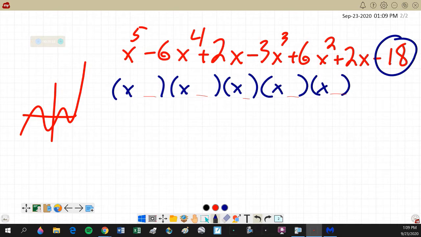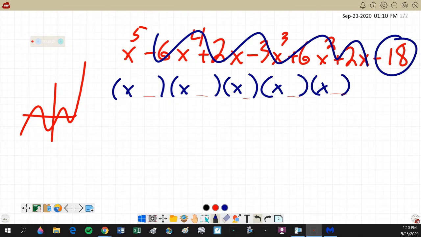So can 7 be an answer? No, because 7 does not go into 18. So none of these matter. Those numbers push and pull and warp the graph and slide it left and right and kind of up in diagonal directions. But if we're going to guess what the answers are, we can ignore those.